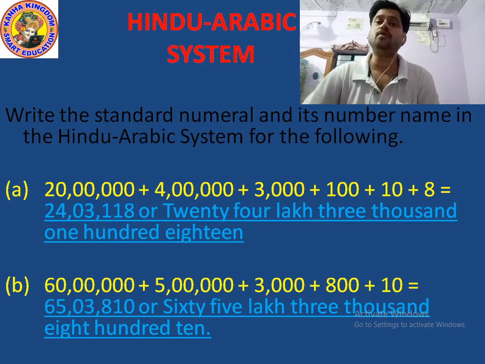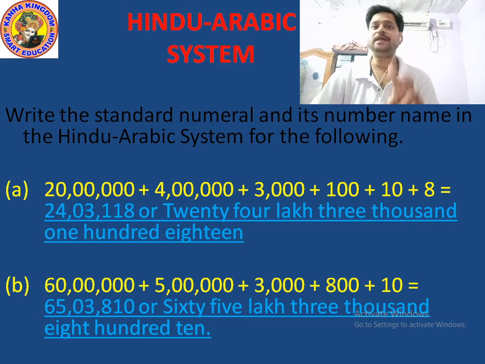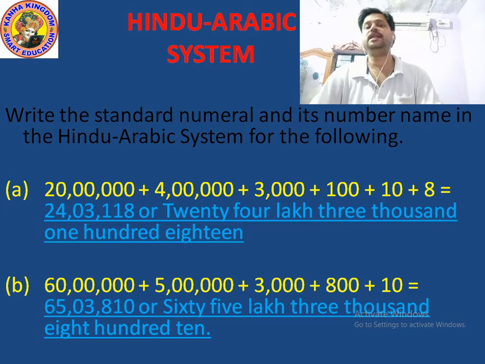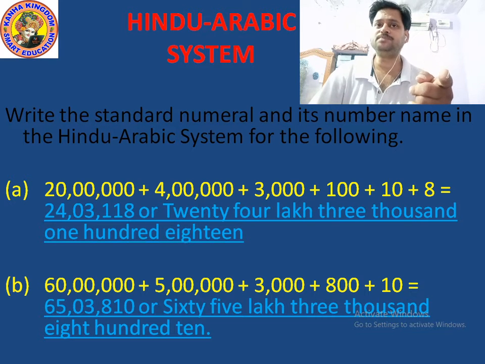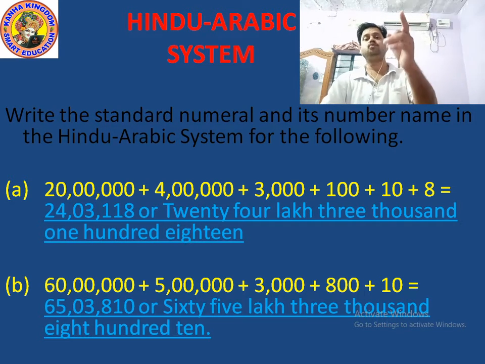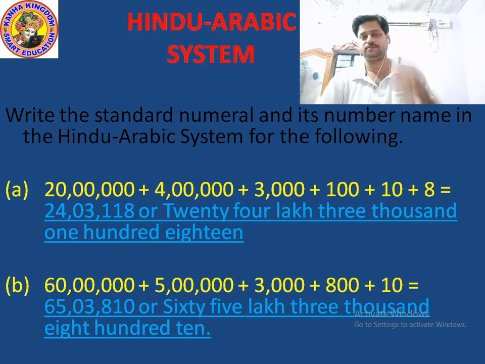So after the second comma, how many digits? 2 digits. And these 2 digits are in lakhs period, means which 2 digits? 20, that is 20 lakhs.